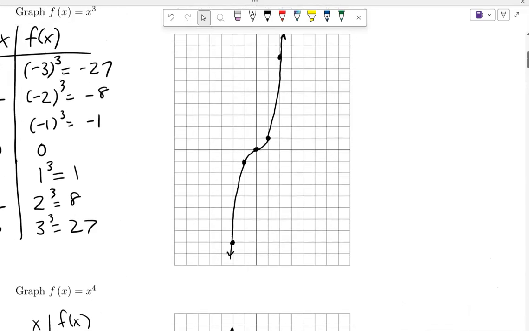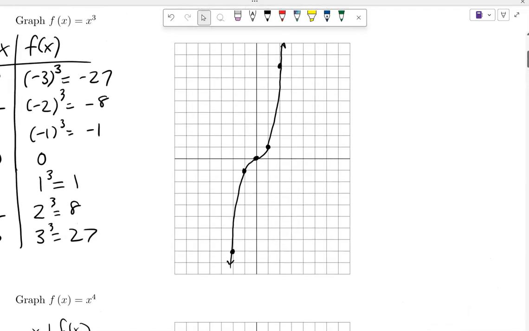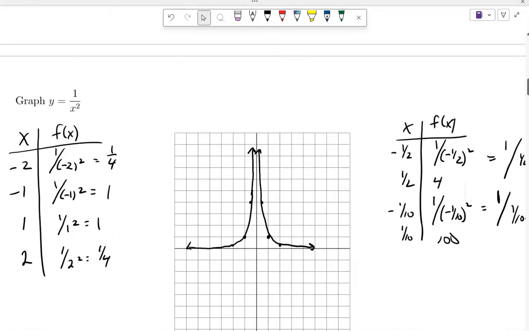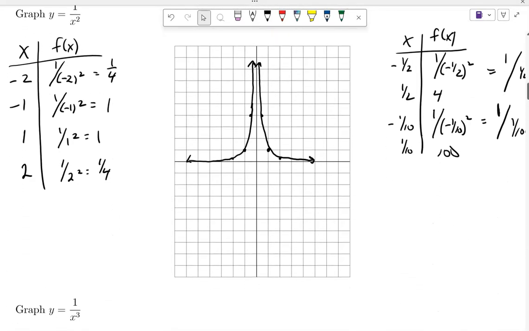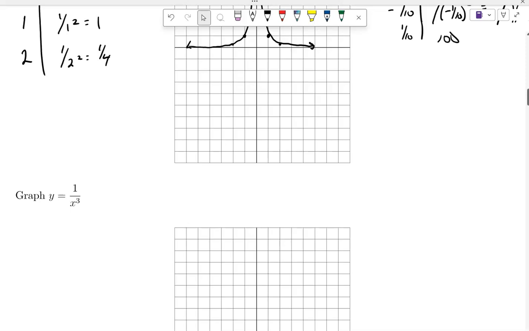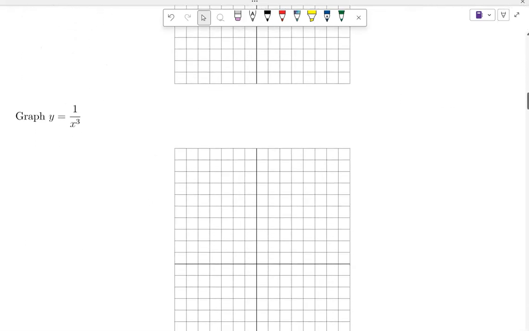Notice that when we had that odd power, we had this piece that was below the x-axis on the left-hand side. But when we had the even power, notice that we weren't below the x-axis at all, right? Do you see a similar thing here? I've got an even power. Everything's above the x-axis. What do you think might happen before we even start? What do you think is going to happen with this one?